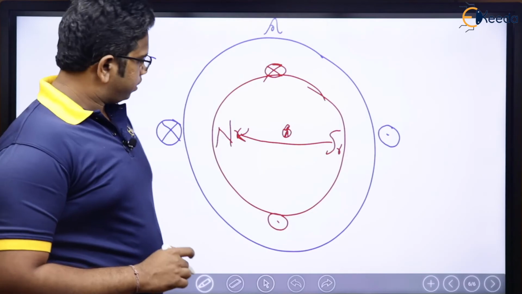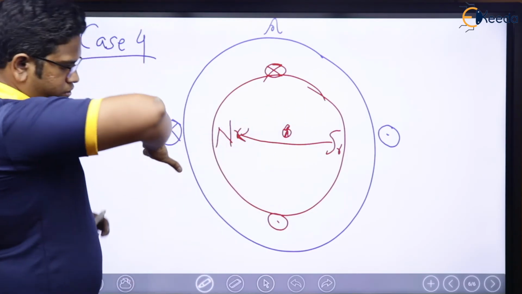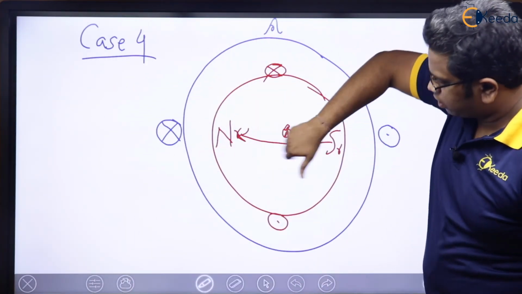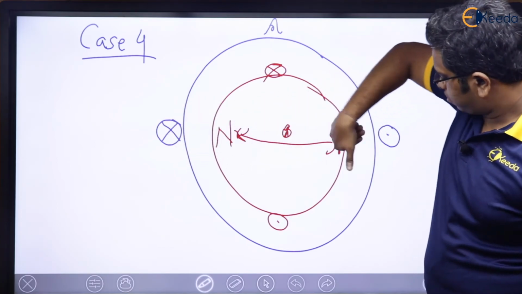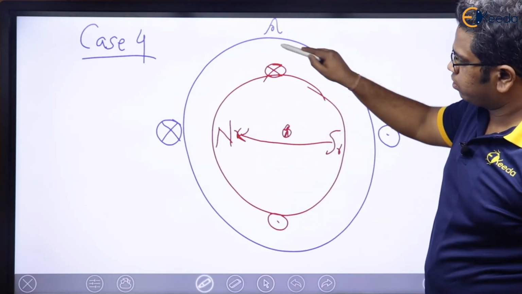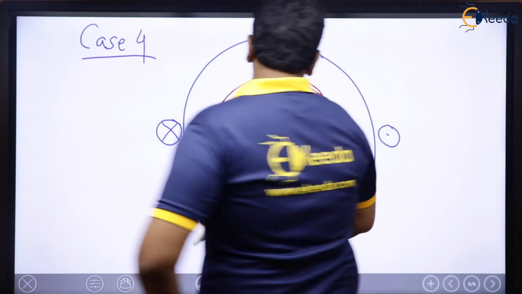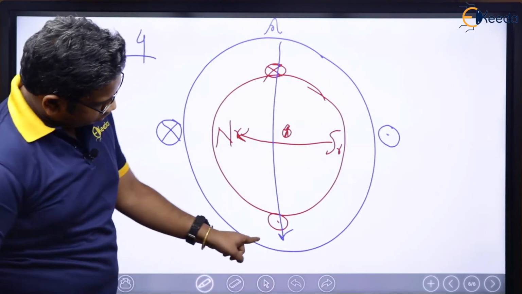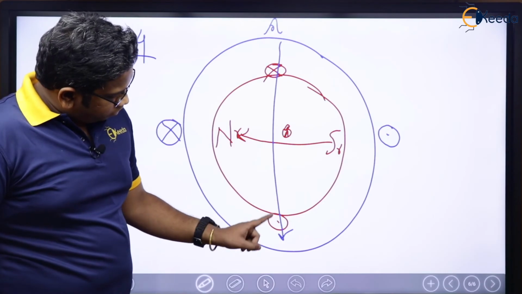Now, how about the stator? This is cross current, this is dot current, that is cross, and this is dot current. Current entering there, coming out here, entering there, coming out there, which means flux is going to be this way. What does this indicate? Here, this is the stator iron.